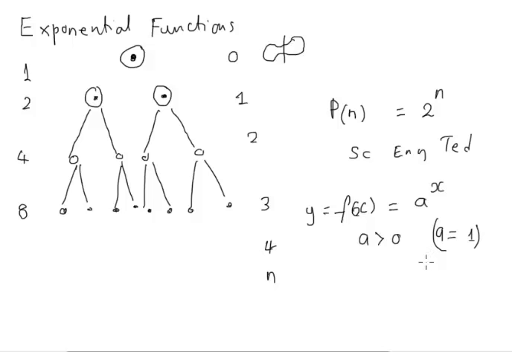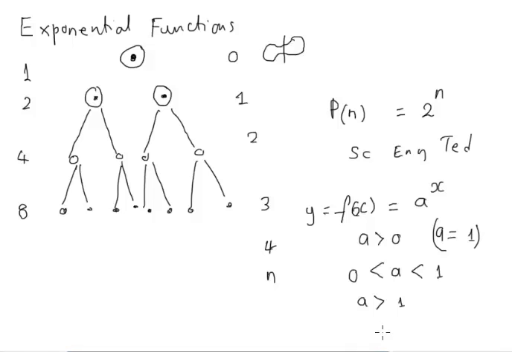Because it's a constant: it's going to be 1, 1, 1, 1. So I'm not really interested in putting it there. What I'm going to do now, we're going to deal with a less than 1 and greater than 0 in one case. In the other case, we're going to deal with a greater than 1.